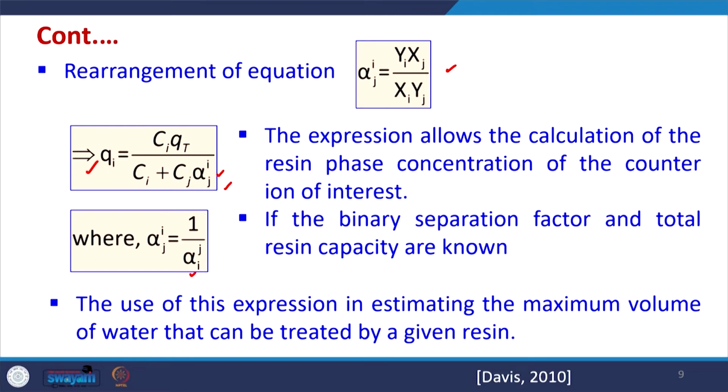The use of this expression is in estimating the maximum volume of water that can be treated by a given resin if the concentration of counter ions in the resin is already known. We can determine this very easily via this expression.